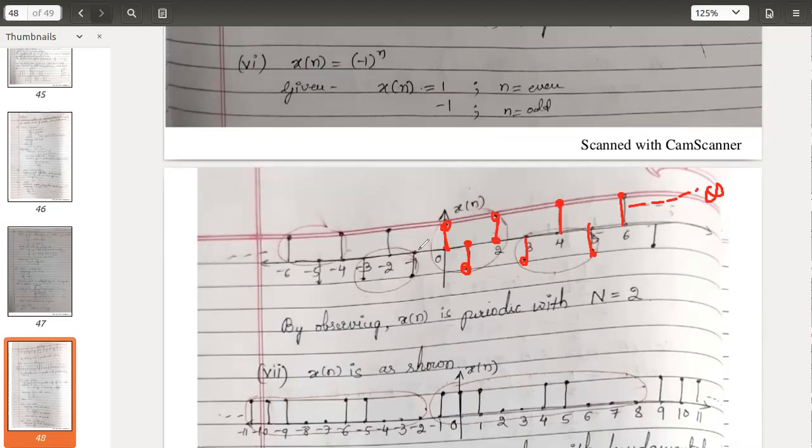Similarly, n का range negative side में क्या होगा? minus 1 raised to odd number, minus 1. Minus 1 is negative. अगर minus 1 raised to minus 2 है, don't consider like this, minus 1 raised to minus 2 is negative. No. What do you mean by this? Minus 1 raised to minus 2. It means 1 divided by minus 1 raised to 2.